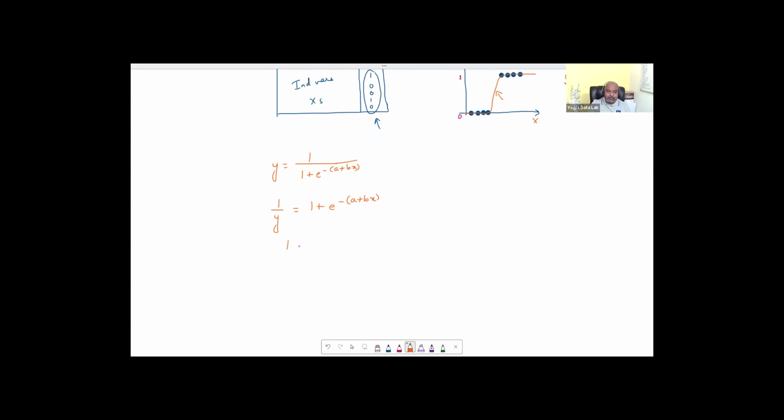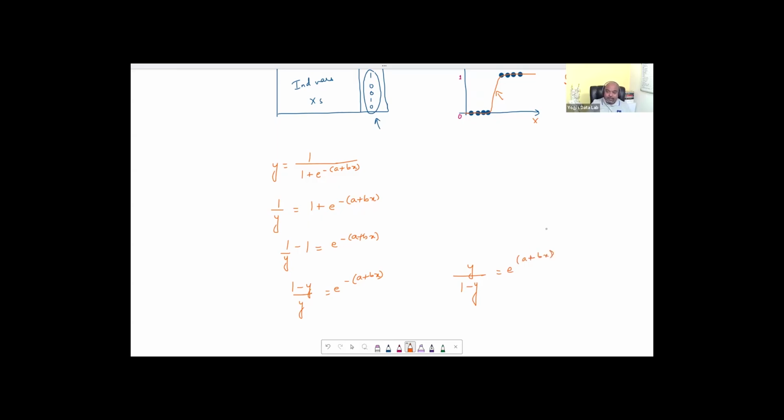This can again be written as 1 upon y minus 1 is equal to e to the power minus (a plus bx), which can further be written as 1 minus y upon y is equal to e to the power minus (a plus bx). This I can further write as y upon 1 minus y is equal to e to the power (a plus bx).